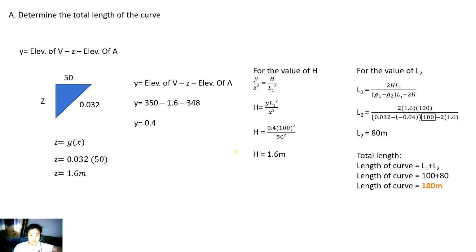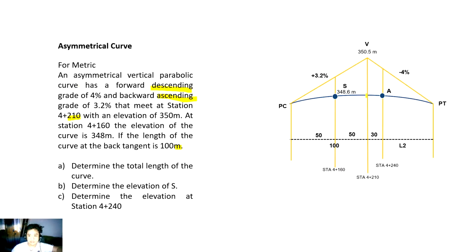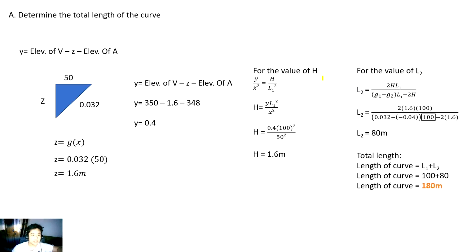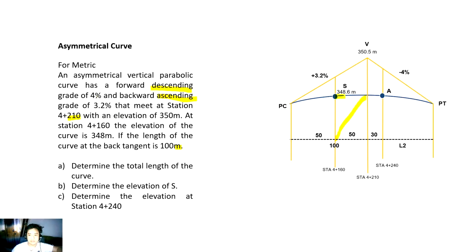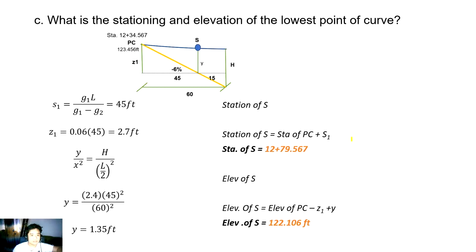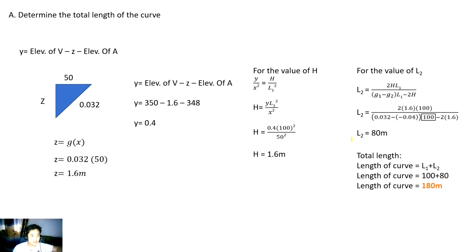Kaya dyan natin siya nakuha. So ngayon, itong triangle na to, ito siya. Kaya 3.2% or 0.032. Then ito, equals naman to dito, so 50. Okay, then is Z.